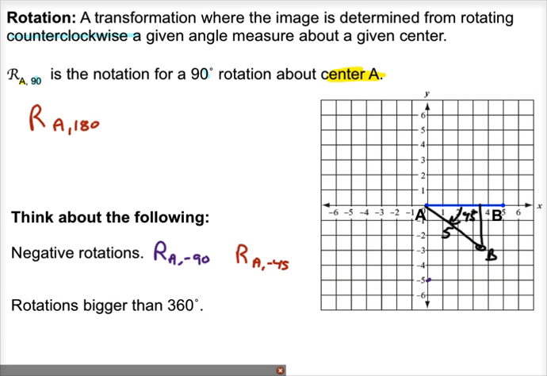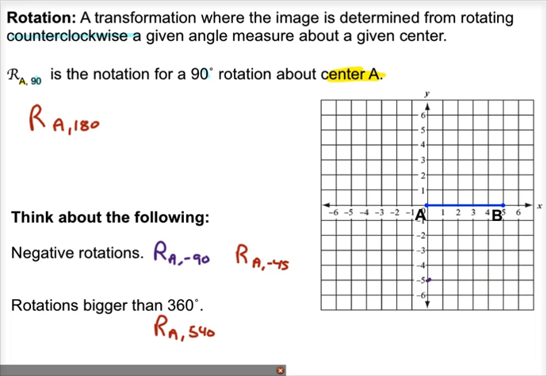And the last one, what about rotations bigger than 360 degrees? Well, let's keep our center still at A. And instead of 360, let's make it larger than that. Let's say we went to 540 degrees. Well, how do you do 540 degrees? Every time you travel around 360, you make one complete circle.